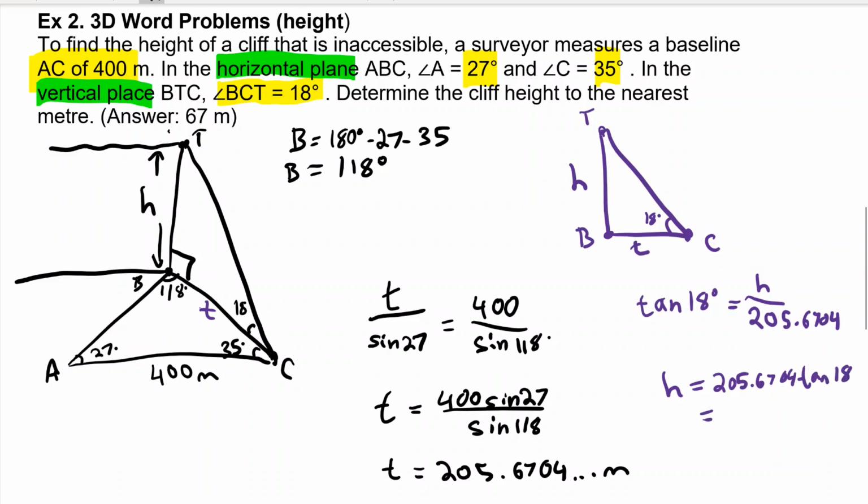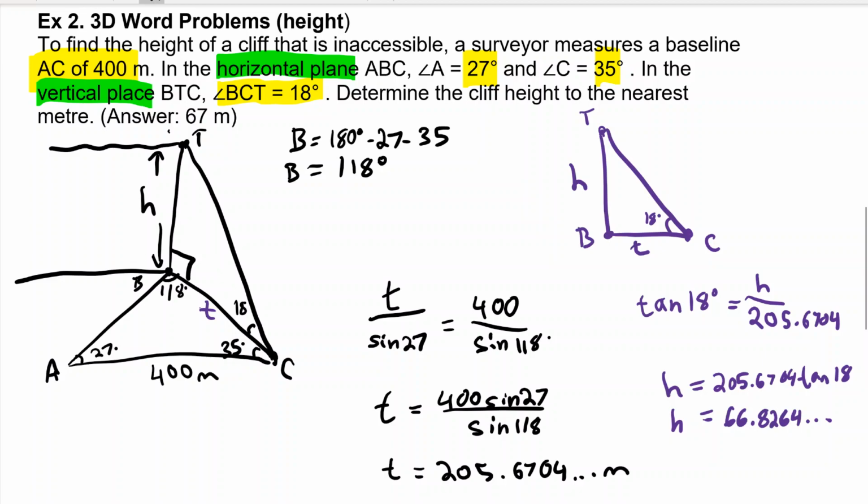I plug all of that into my calculator. I'm actually just going to use my answer button because t was the last thing I solved for. So answer times tan of 18 is equal to the height of my cliff, which is 66.8264, etc. I'm just rounding it.